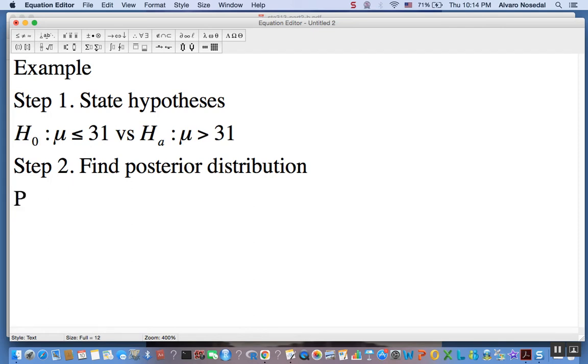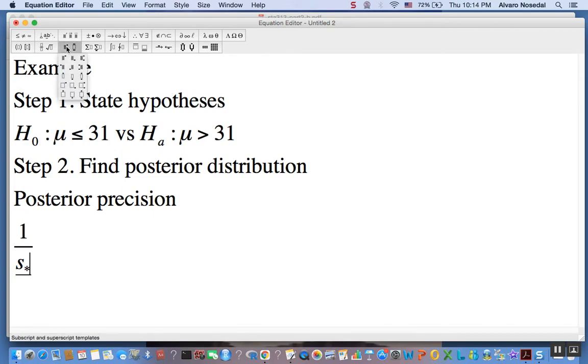The posterior precision is just the reciprocal of the posterior variance. We're using S star squared to refer to the posterior variance.